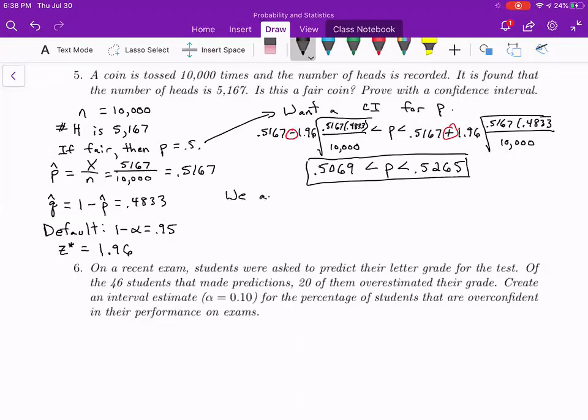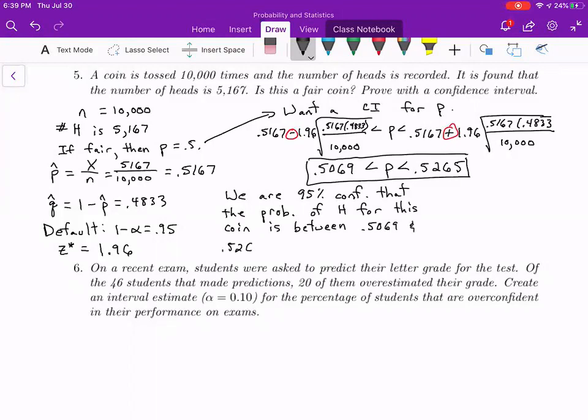So we are 95% confident that the probability of heads for this coin is between 0.5069 and 0.5265.